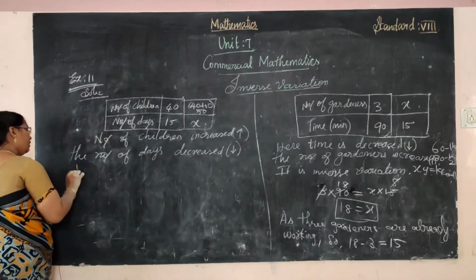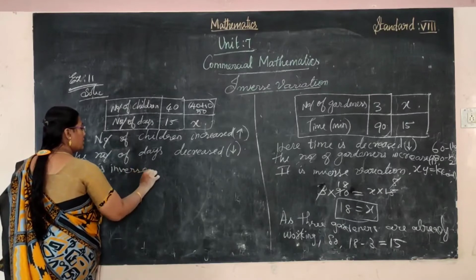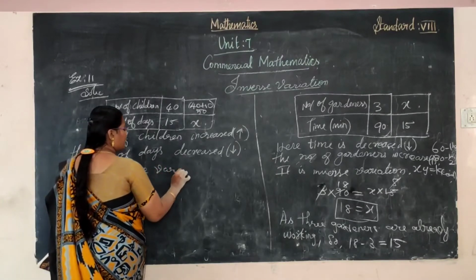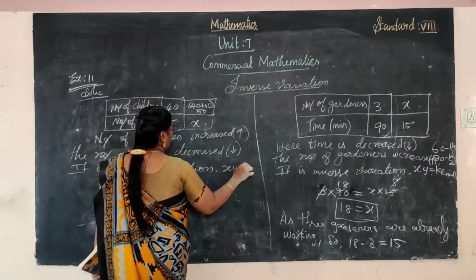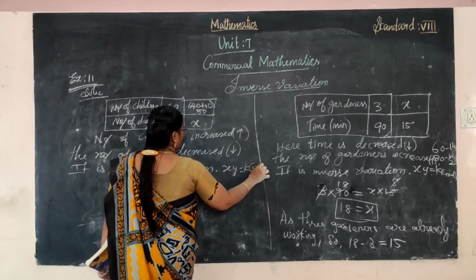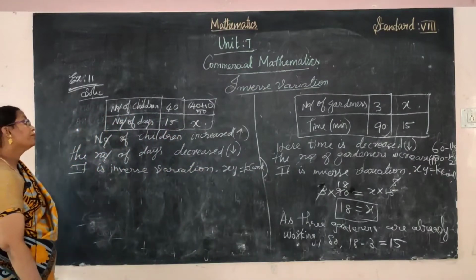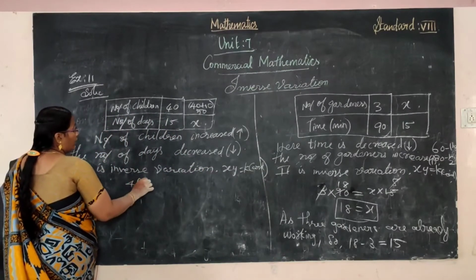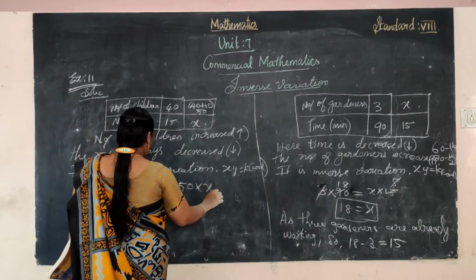Okay, it is inverse variation. So xy equal to k constant. So 40 into 15 is equal to 50 into x.